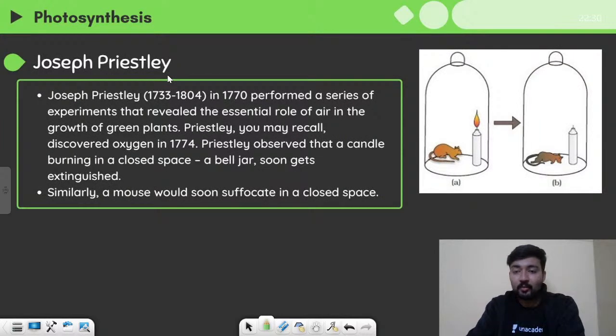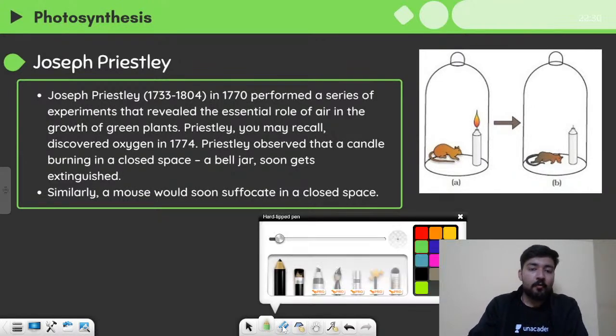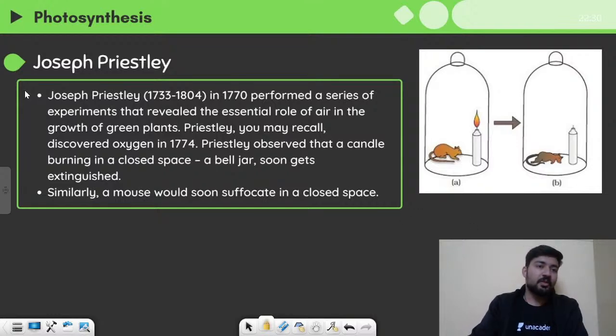Alright, now let us quickly talk about all the experiments and all the results of those experiments related to photosynthesis given by different scientists. So the first scientist is Joseph Priestley. You should know the name of Joseph Priestley because he was the person who discovered oxygen, and he also discovered something important related to photosynthesis.